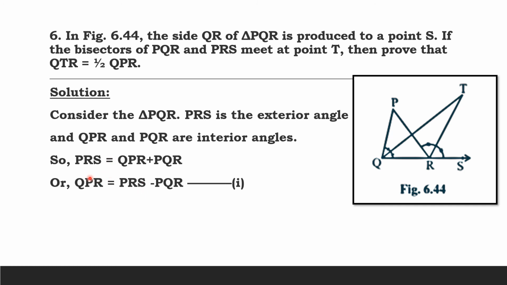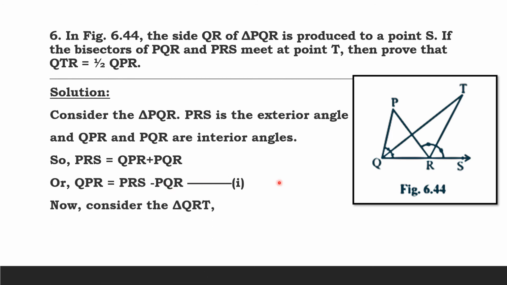Here I have done nothing but taken PQR on this side, which becomes negative and gives the value of QPR as PRS minus PQR. I did this because we need QPR in our solution. So here we take QPR as PRS minus PQR.